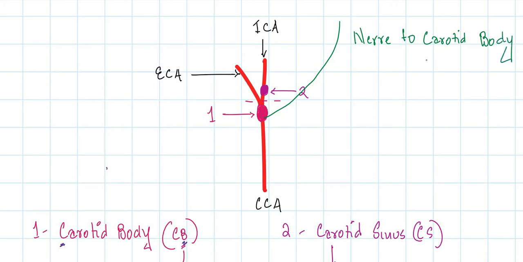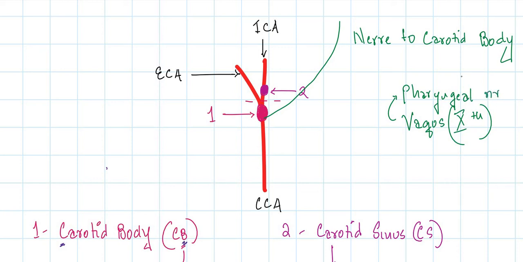Now the nerve to carotid body is coming from a nerve. The name of that nerve is vagus. Vagus is the 10th cranial nerve. I'll make some tutorials on these nerves also. The vagus has a pharyngeal branch, which I'll discuss in other tutorials.